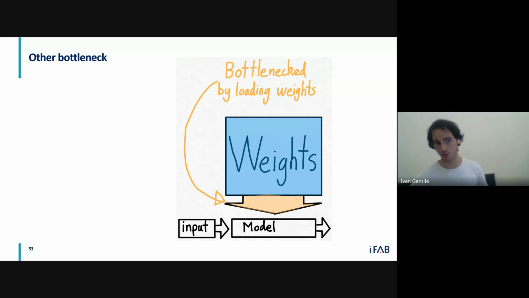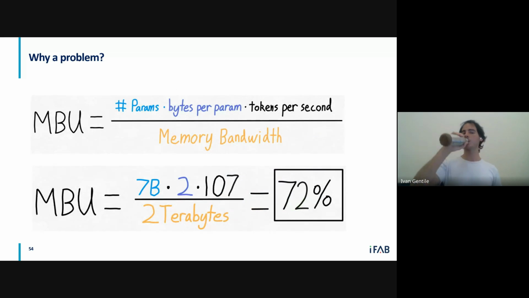We have another bottleneck that is very common: we have input, and we have the model with these heavy weights, so large weights coming into it. What does it mean to have large weights? Essentially, we have one metric that's called MBU. This is model bandwidth utilization.